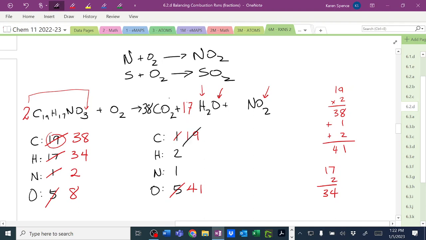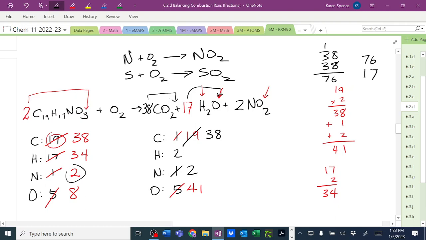Okay, so that gives us 38 CO2s, but it also gives us 38 times 2, which is 76 oxygens. I should actually fix my N while I'm at it, because I've got two N's over here. Let's make a 2 here.